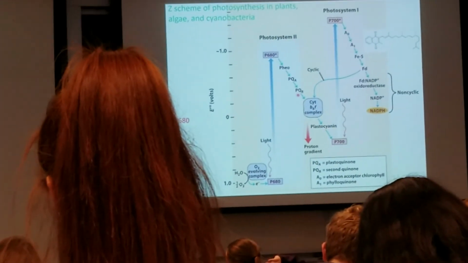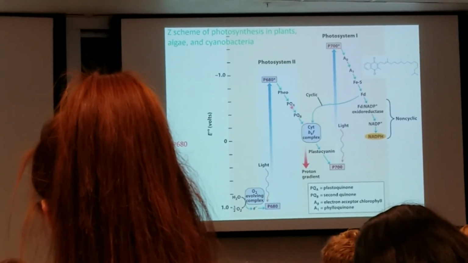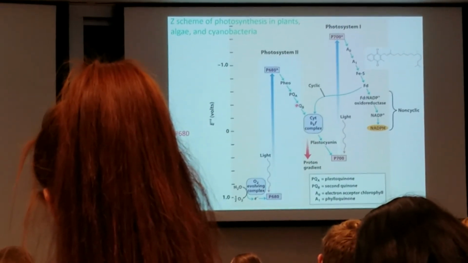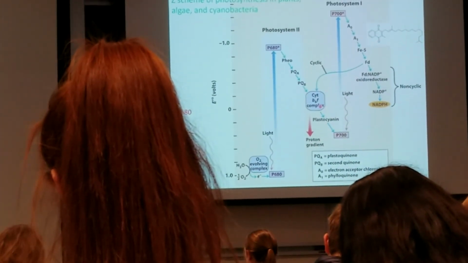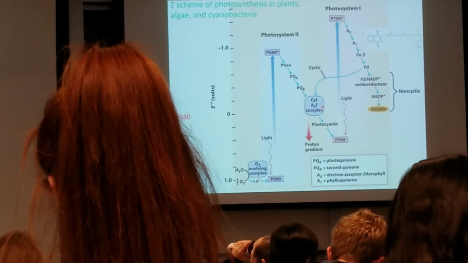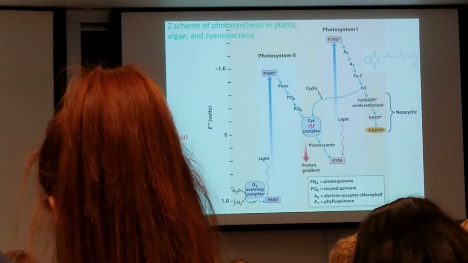Plastoquinone B is getting that electron from plastoquinone A, and it is mobile. And it will carry its electron to the cytochrome b6f complex, which is the equivalent of complex 3, the thing with the two changes.